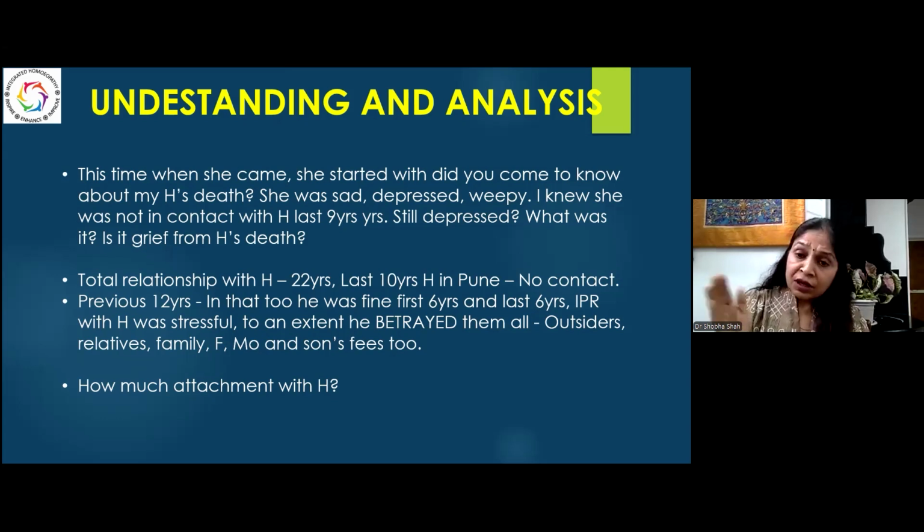But in the last 6 years, when the husband was in Mumbai living with the patient, the relationship was very stressful. Finally, he betrayed everybody: the outsiders, the relatives, and the family, the patient's mother and father, to an extent that he took away the patient's son's fees also. So was there so much attachment? Is it because of the husband's death that the patient is feeling down?